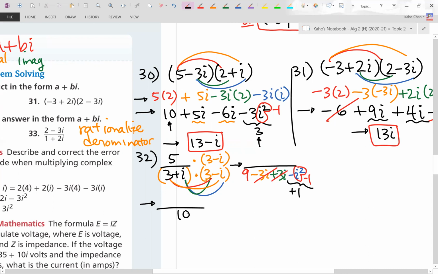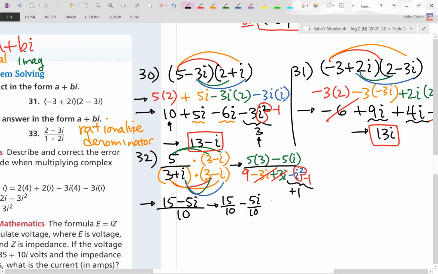Okay, very cool. In the numerator, let's go and FOIL that. 5 times 3 and 5 times negative i. All right, that'll give me 15 minus 5i. Now the answer I have, 15 minus 5i over 10 can be reduced when you split it up like this.